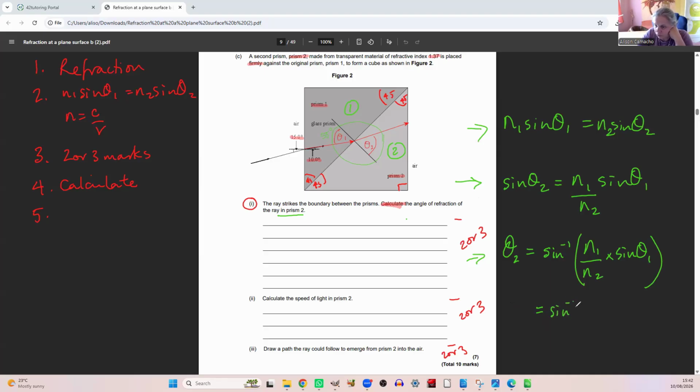So it's sine to the minus 1 of, right, n1 is the refractive index of material 1, which we worked out on the previous page was 1.49. n2 is the refractive index of material 2, and we've highlighted it.